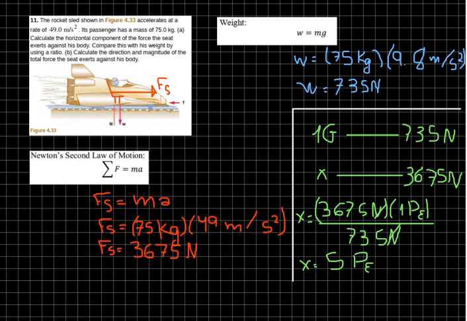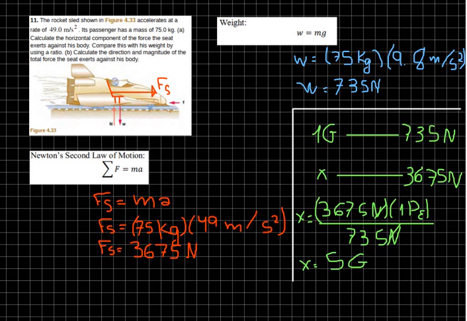So 5g are able to produce the force that this passenger is feeling on his back. 5g. That's how we say it in physics. Now we have answered part A.